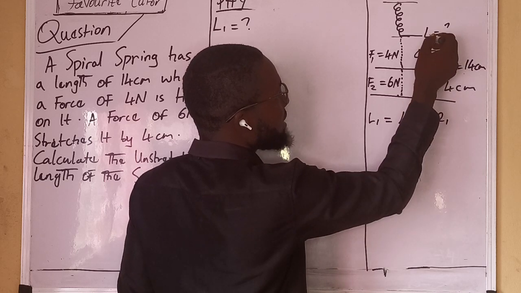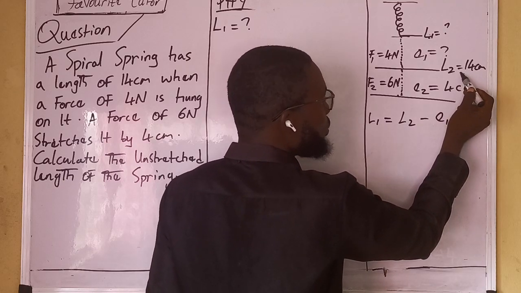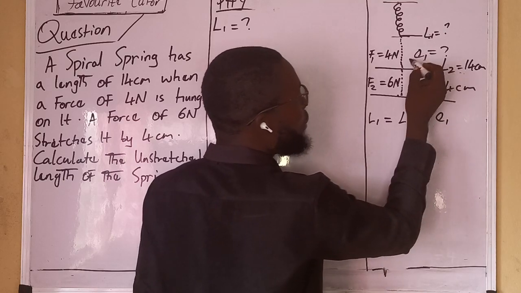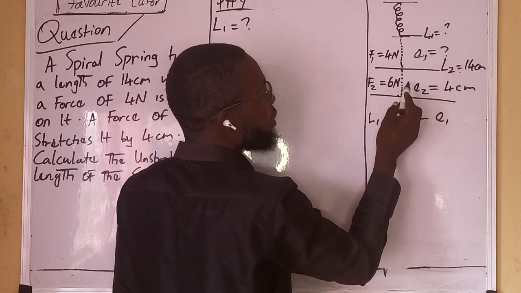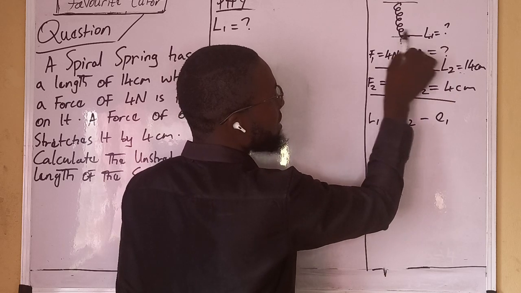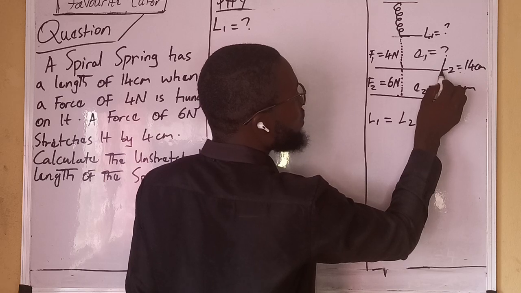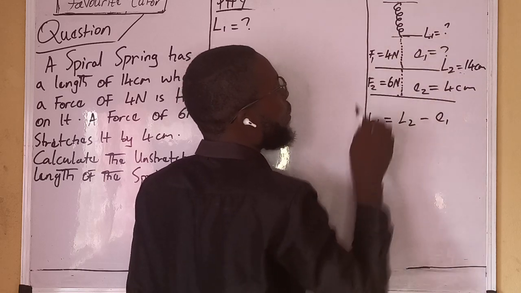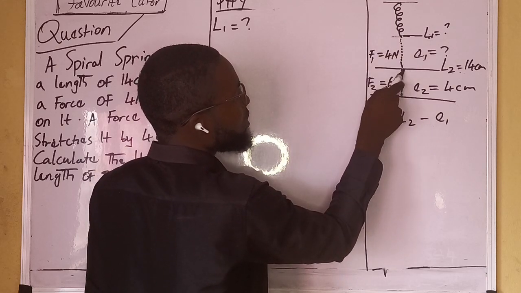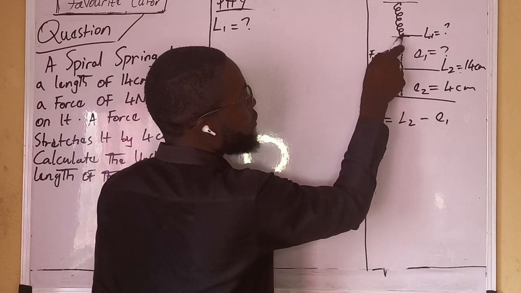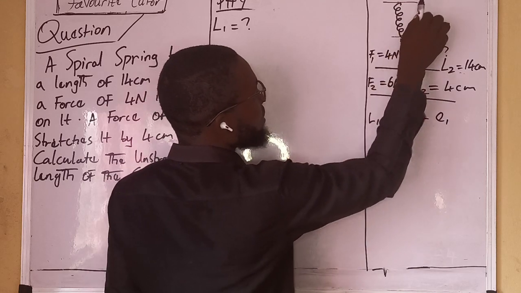Extension 1 was added to length 1 to give us L2. So to get length 1, we need to remove this extension, this last line, from length 2, and then we get length 1. From here to here is length 1. From here to here is extension 1.